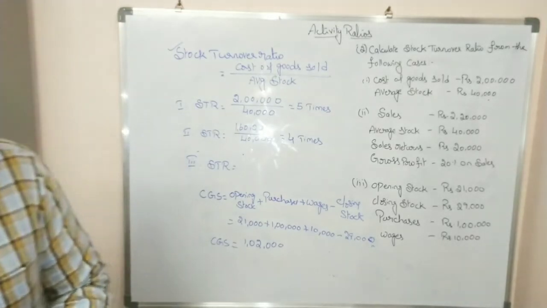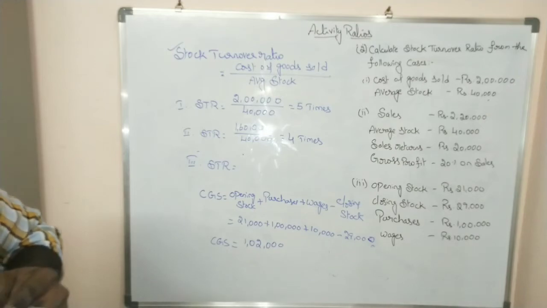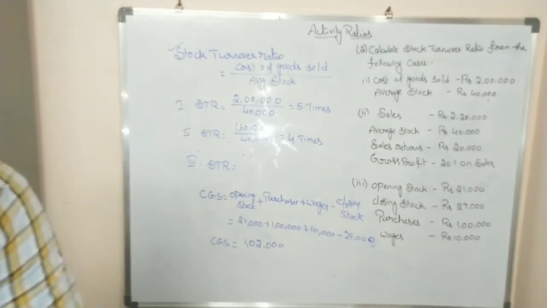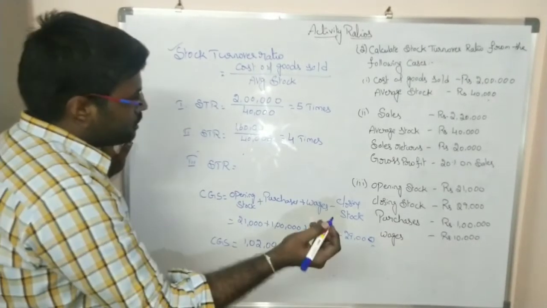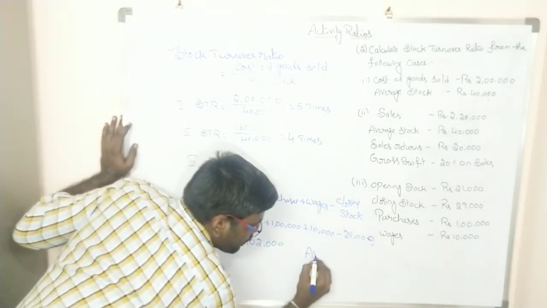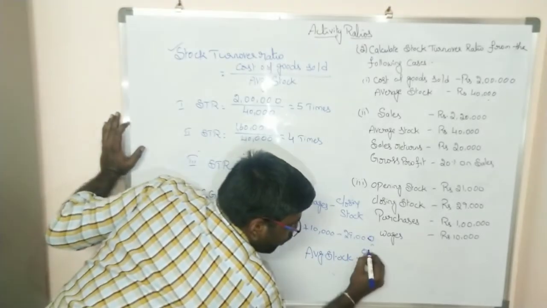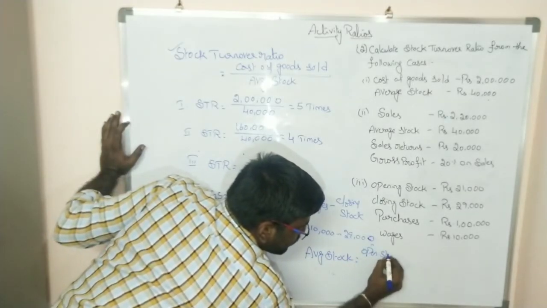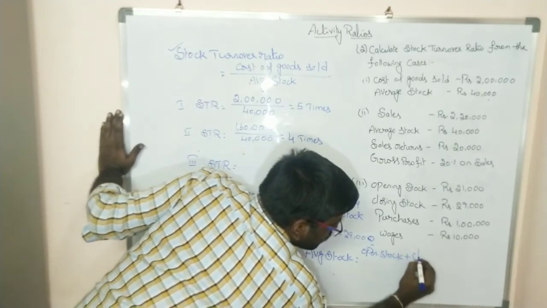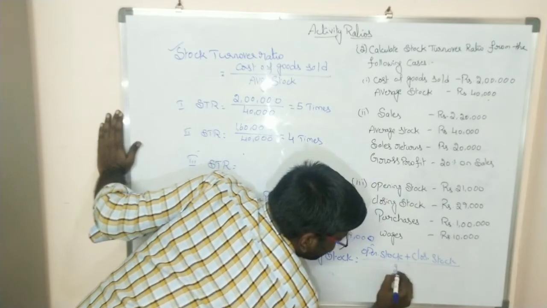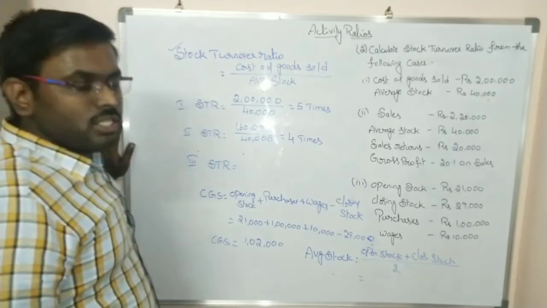So again you should calculate the average stock. How will we calculate average stock? Average stock is equal to opening stock plus closing stock by 2. This will give you the average stock.